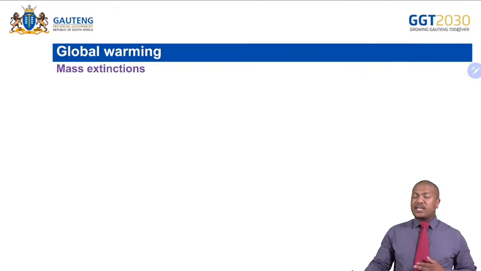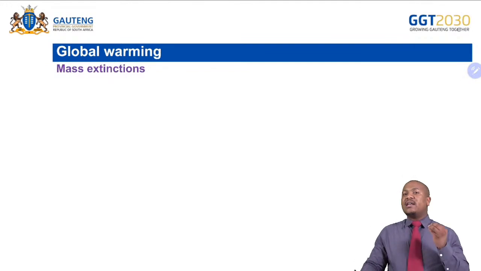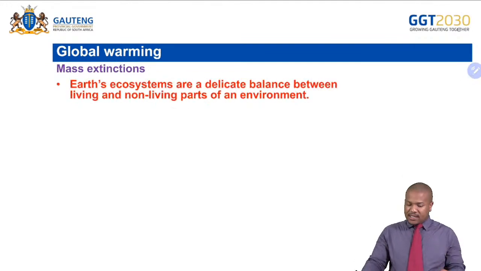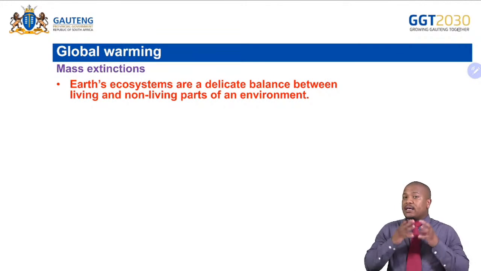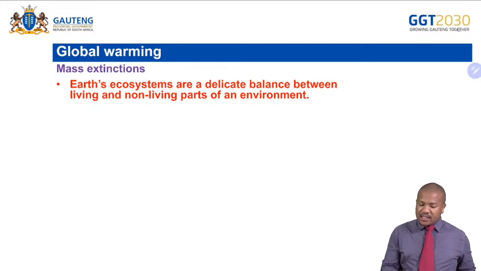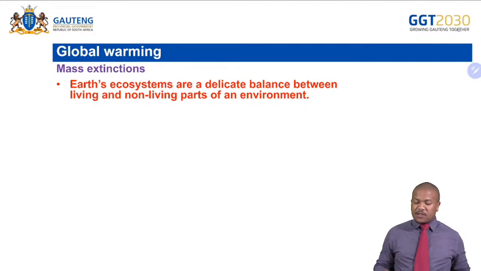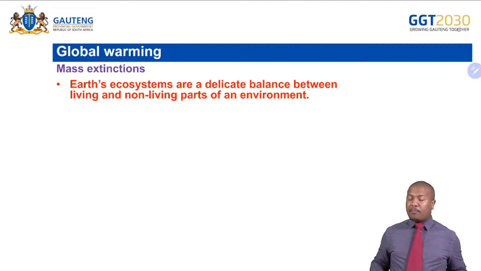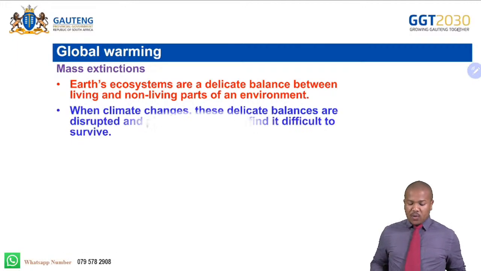Now, we also said that global warming leads to what? To mass extinctions. And what did we say mass extinction is? It is the dying out of a certain species over long periods of time. So the Earth's ecosystems are a delicate balance between living and non-living parts of an environment, right? So what happens here?